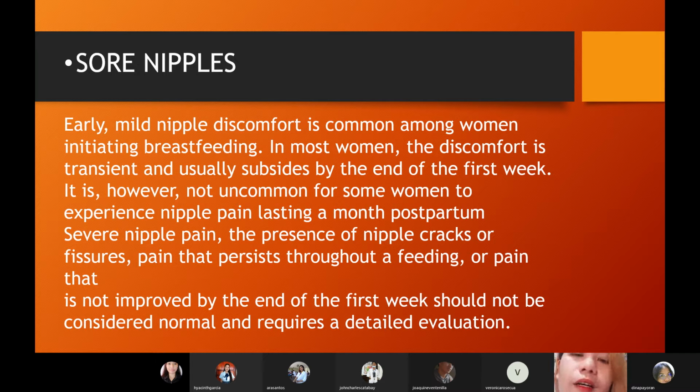You can see, or you can feel pain with your nipples. Because these sore nipples, or swelling of our nipples, are not considered normal. So it requires detailed evaluation.